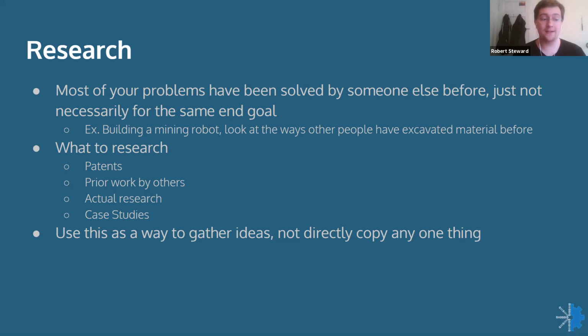An interesting way to look at this is to sometimes even avoid what I'd call traditional research for that sort of problem, and look in a very different way.